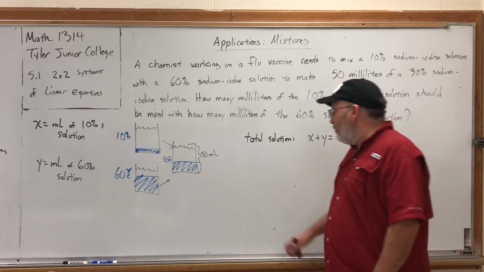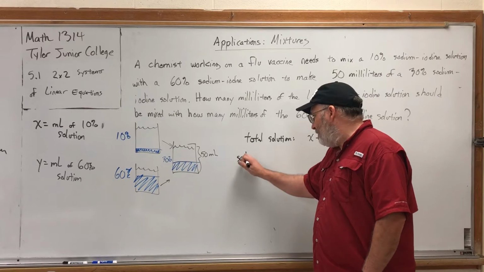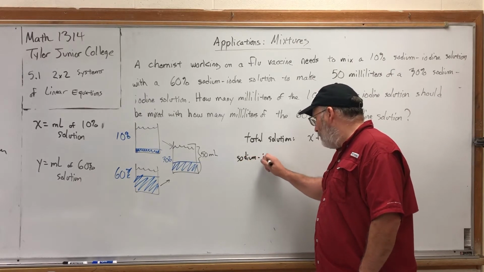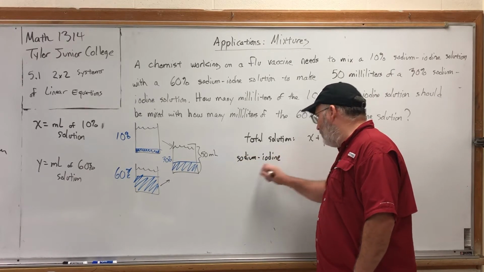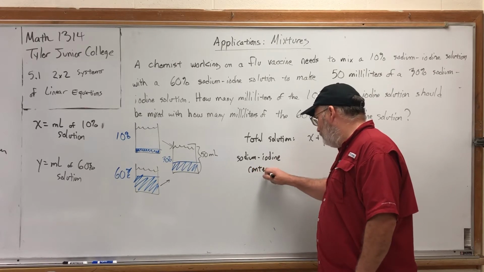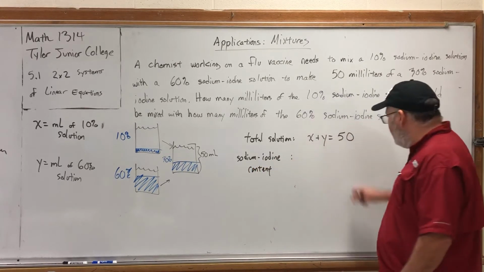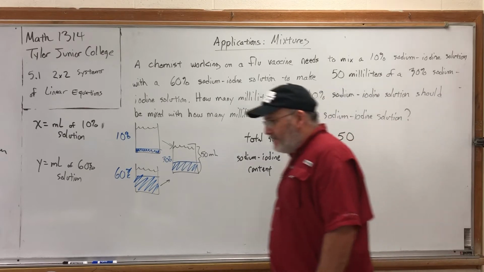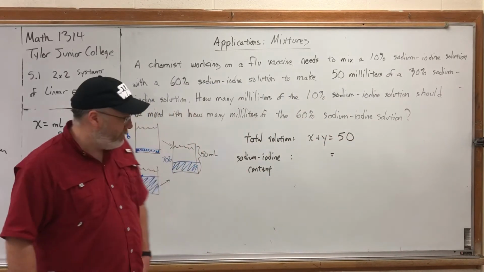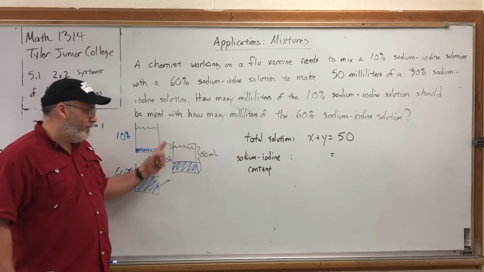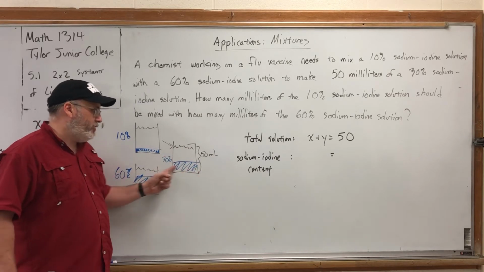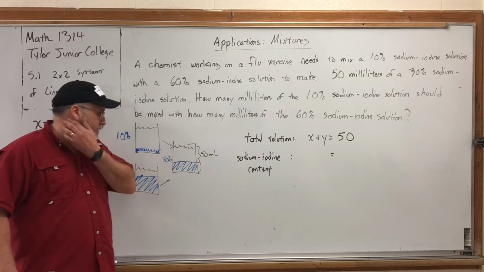But we also need to focus on the sodium iodine concentration, if you will, or content. Let's start with how much sodium iodine we want when we're done. This is a 50 milliliter solution, 30% of which is sodium iodine.